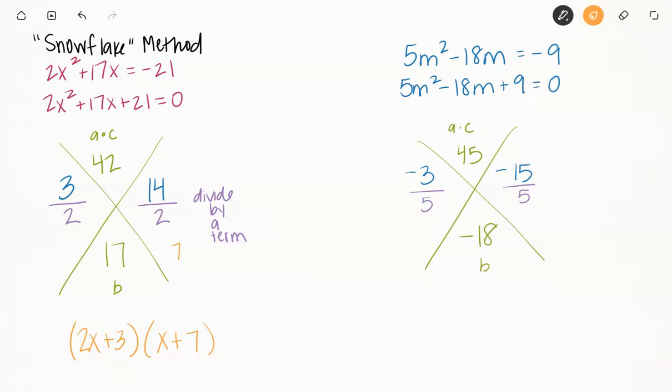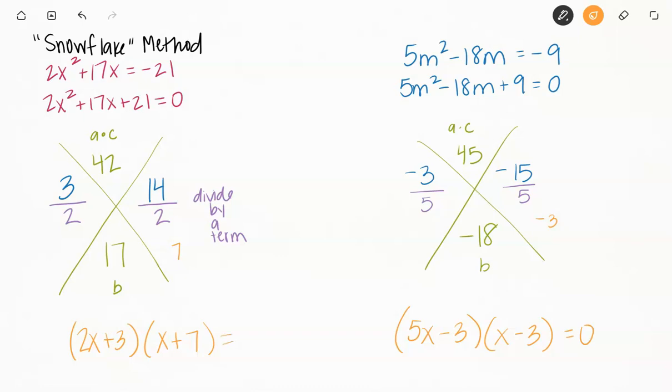Negative 3 divided by 5 does not simplify. So that means that 5, which was our a term, stays out front, 5x, and then we'll have minus 3. Negative 15 divided by 5 does simplify. Negative 15 divided by 5 is a negative 3. So that means we're going to have x minus 3.